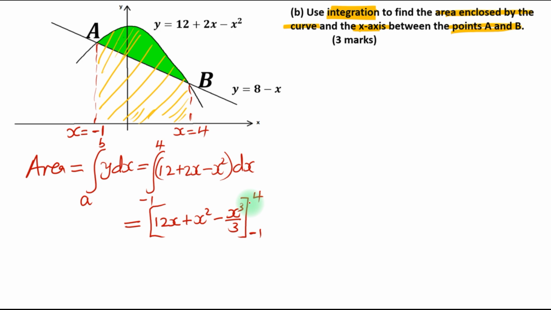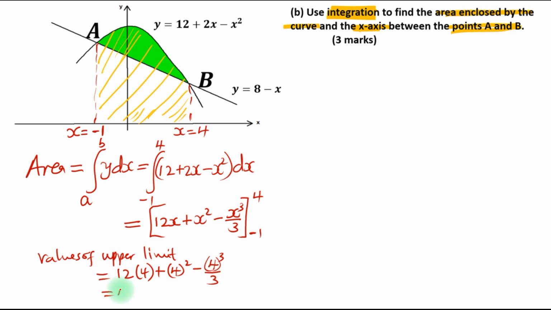Then the values of the upper limit is when b is 4, and therefore we substitute into this. We have 12, x is 4, then plus x is 4 squared, then minus x is 4 cubed over 3.